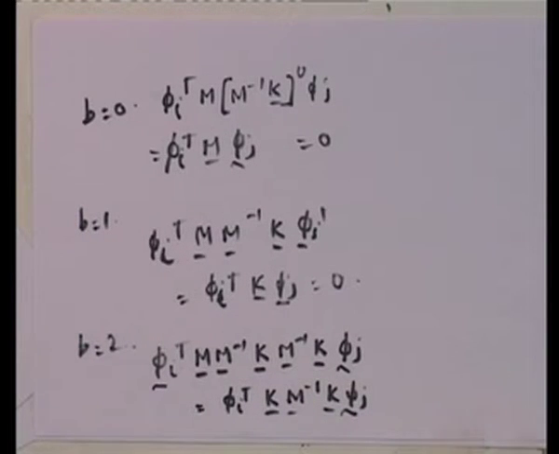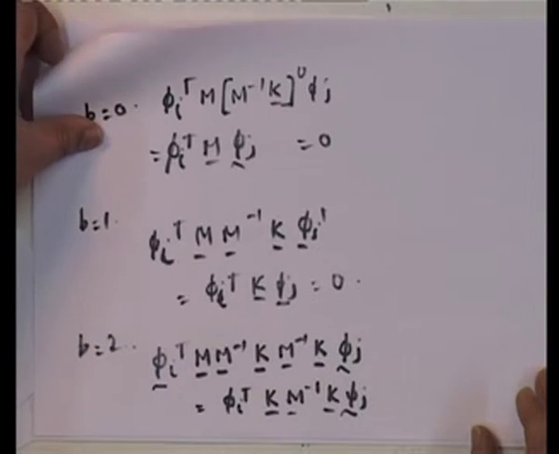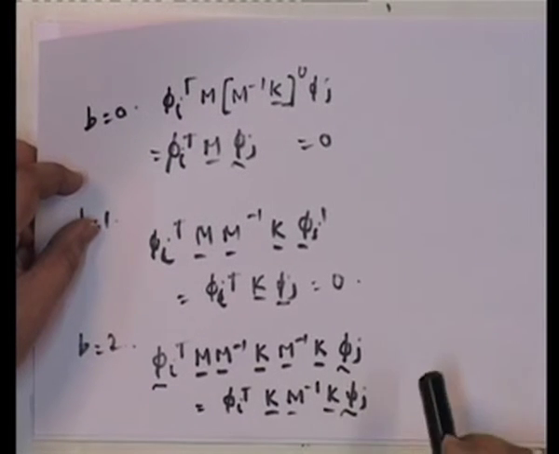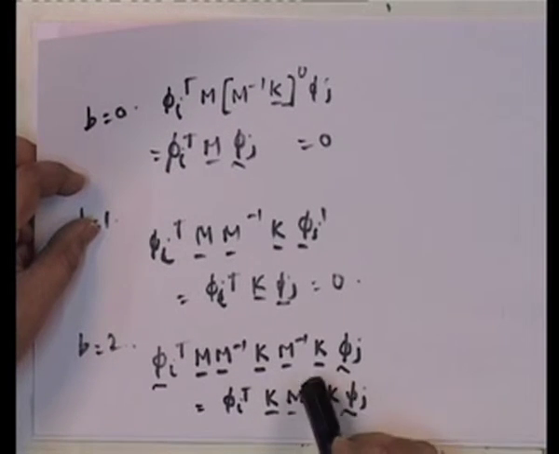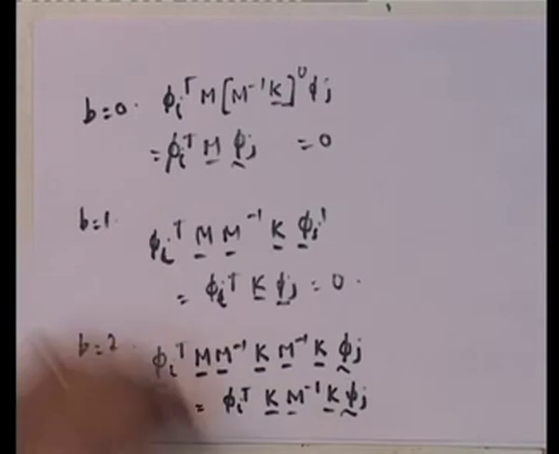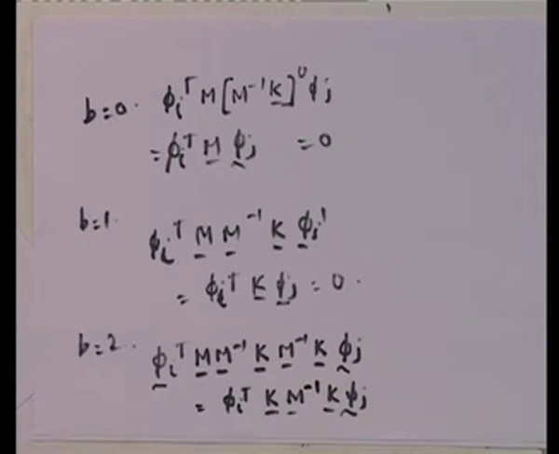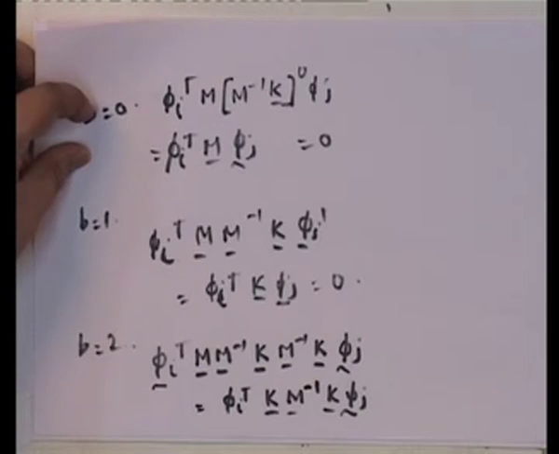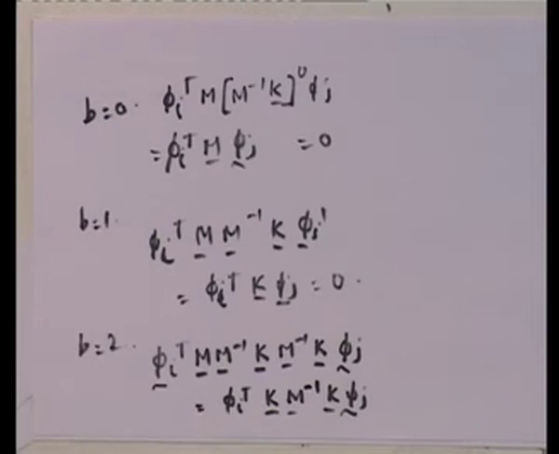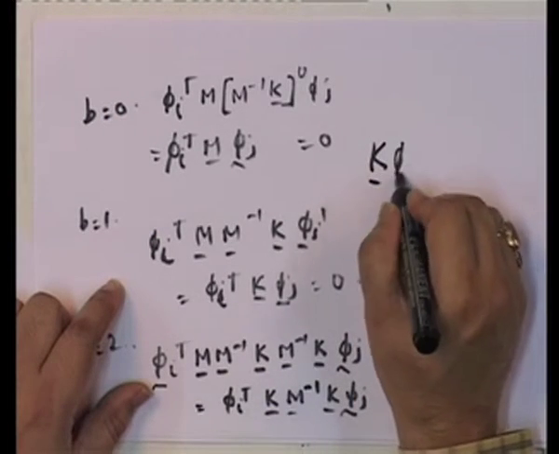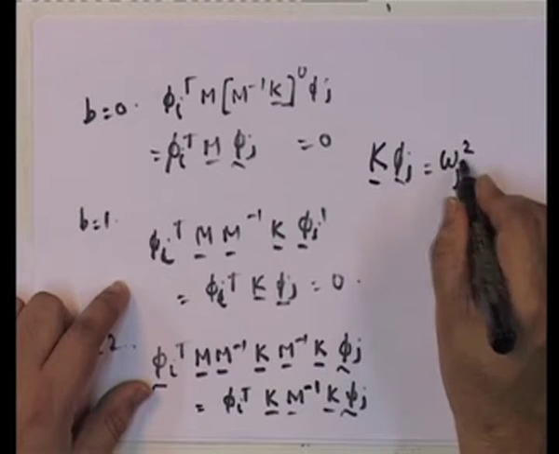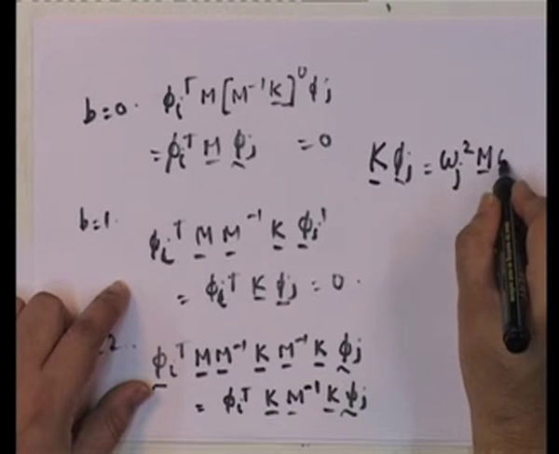Now note that K phi j is equal to omega j squared M phi j.